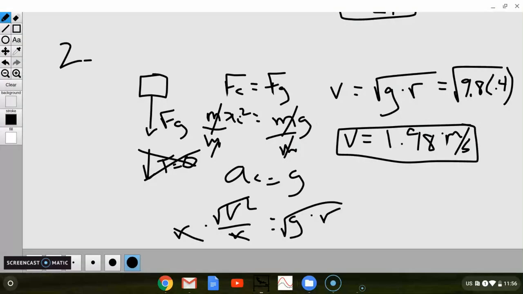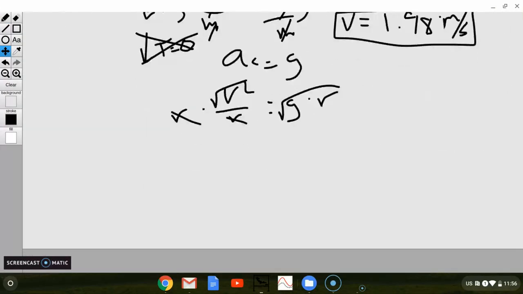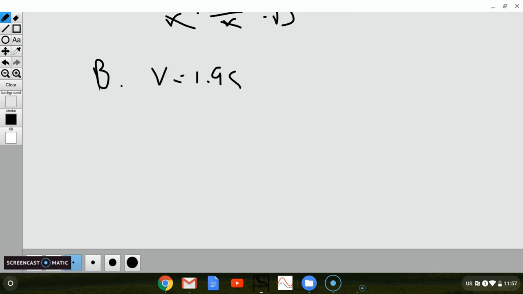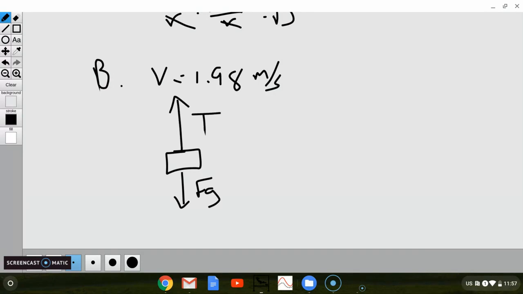Well, let's say you don't remember that. Let's say we actually need to calculate it. So let's go calculate it. Okay, so this would be part B here. We know the velocity is 1.98 meters per second because we just calculated that. So at the bottom of the circle, we'd have our force of gravity out and our tension in. And we need to figure out what the tension is equal to. So we'll say that F_c is going to be equal to F_g plus tension.